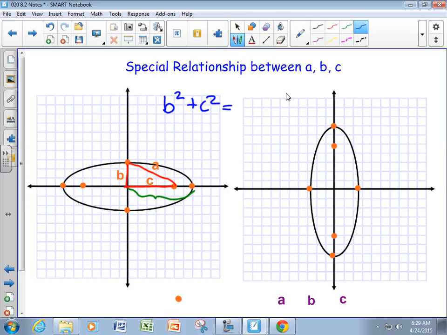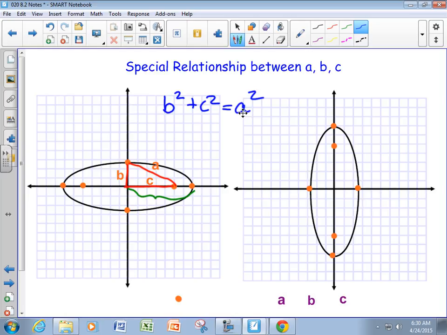So it's a Pythagorean relationship, but the variables are a little different than what you're used to, so you just have to be careful. This is the distance to the co-vertice, this is the distance to the foci, and this is the distance to the main vertice. So it's set up a little backwards.